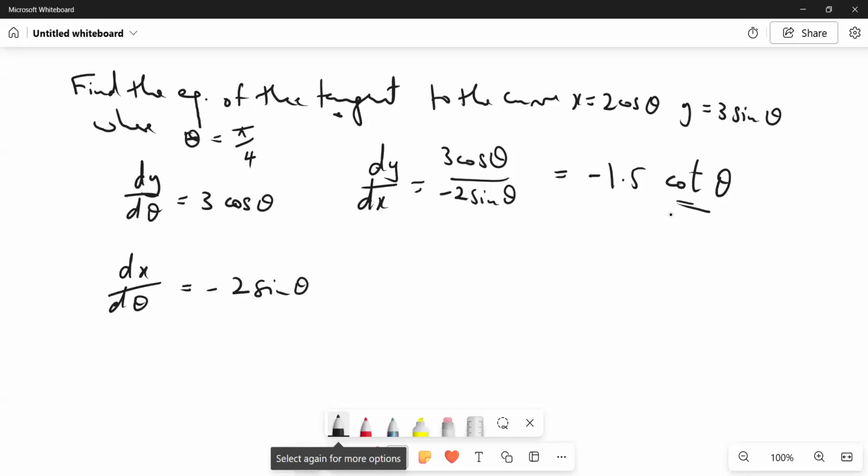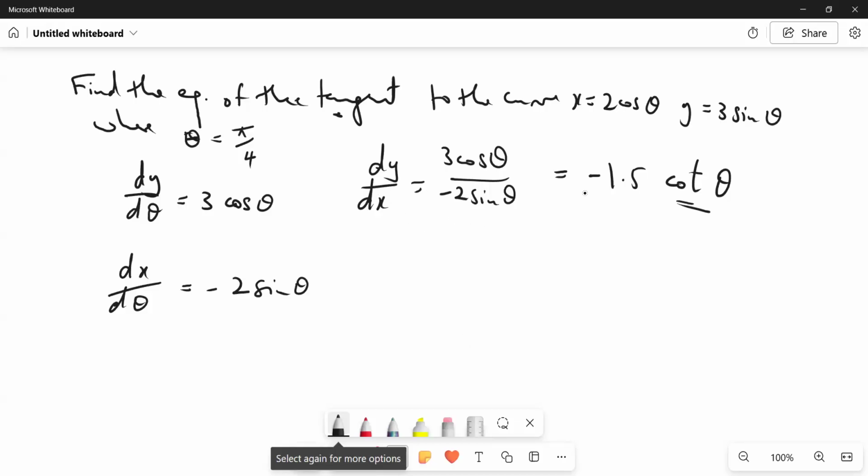The teachers who do those extra courses in analytic geometry and trigonometry would know all of that. But if you don't know what this is, don't worry, you can stick with this. So that's the value for dy/dx.